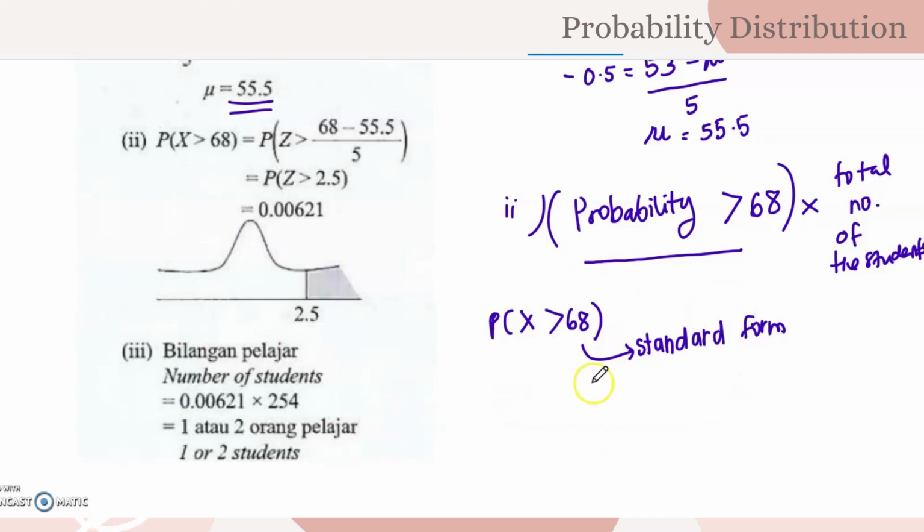So we have 68 minus the mean, which we have just now is 55.5, and divide with 5. And then we get 2.5.